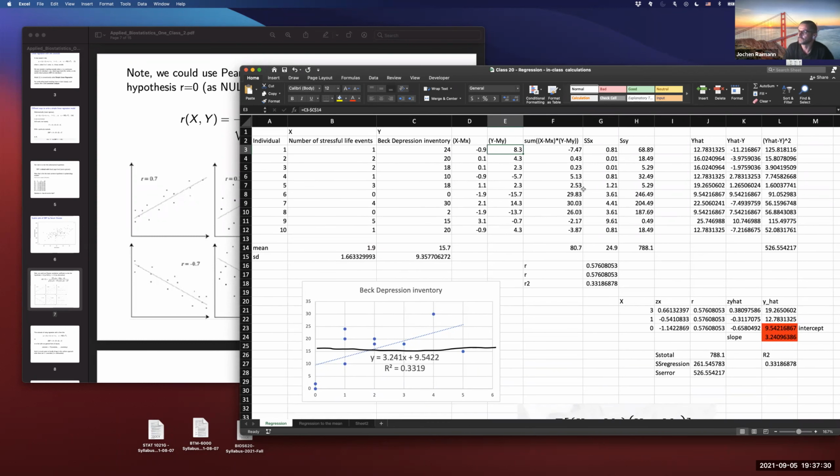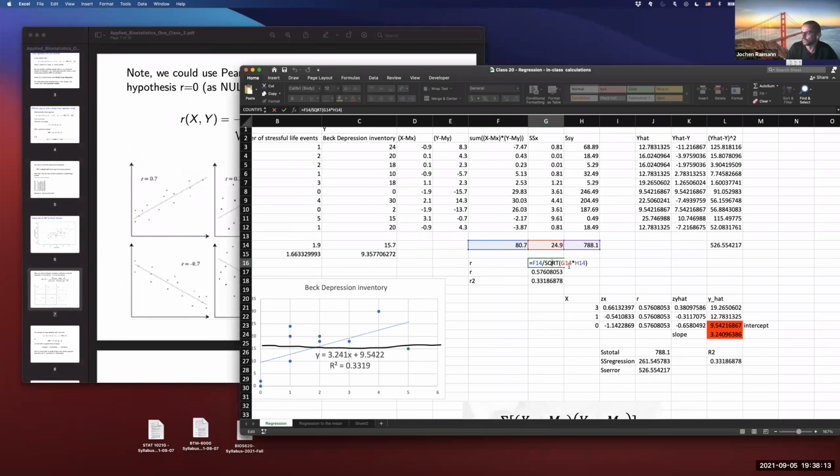So what does this essentially mean? We are summing up our entire difference, which is 80.7, and dividing by the square root of the sum of squares.